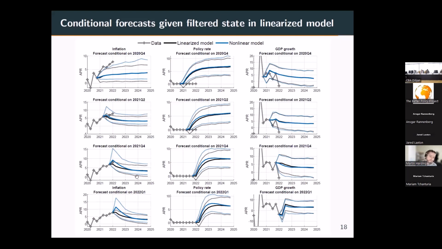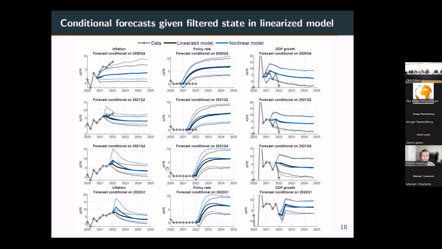And the same happens as you move further down the road and inflation keeps increasing. The median forecast for the nonlinear model becomes higher and higher, and the confidence bands again feature this very asymmetric pattern, giving much more weight or probability to high realizations of inflation and lower probability to lower realizations of inflation.